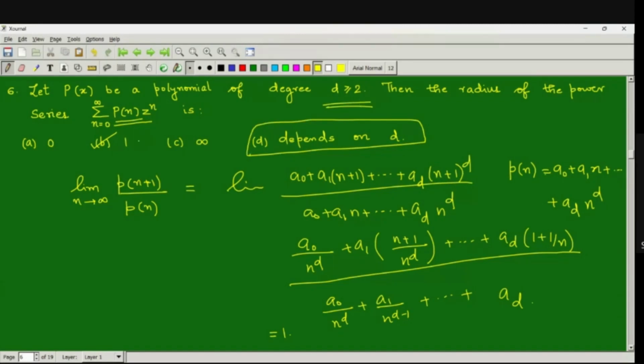Otherwise it is the same. If d is 0, then it is a constant and it converges. If d is 1, then again it has a radius of convergence. Everything happens the same. d greater than or equal to 2 is just to confuse us about whether it depends on d or not.